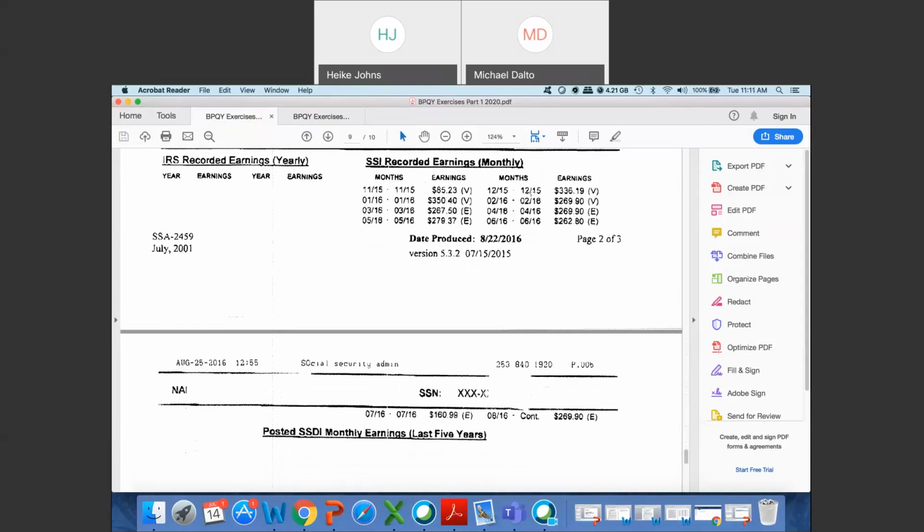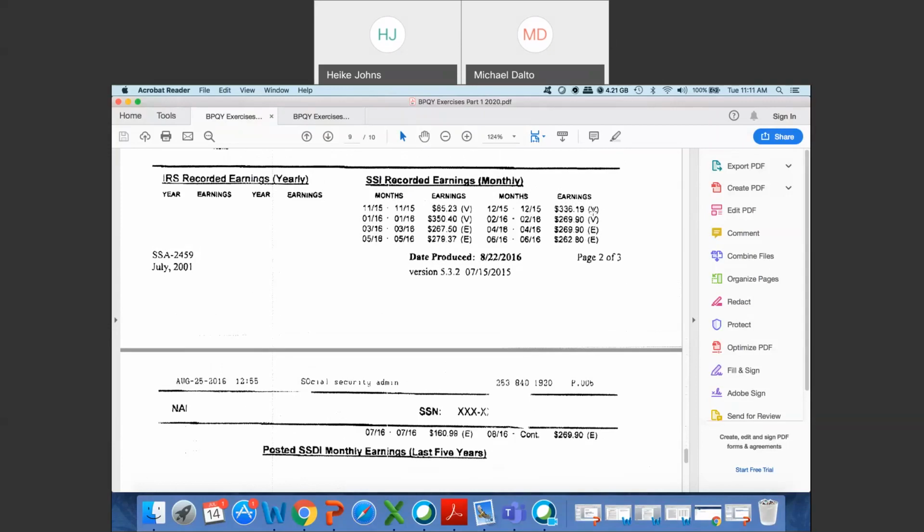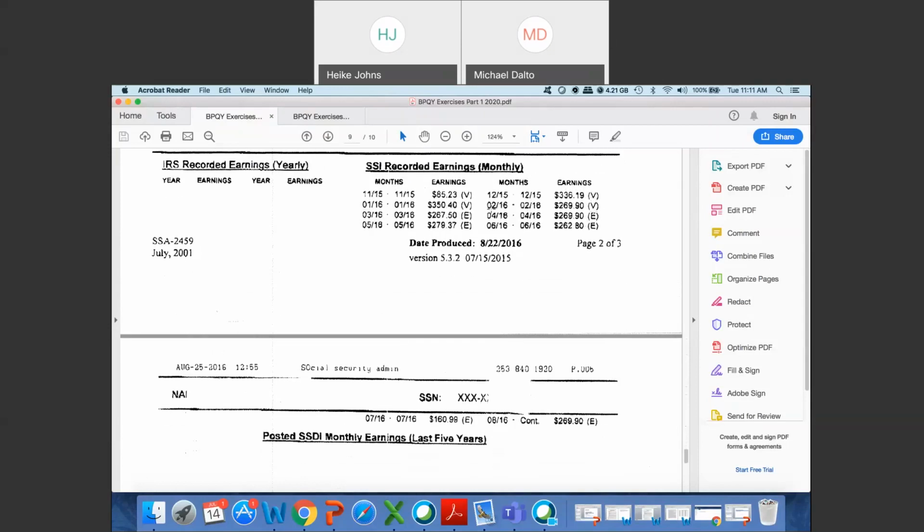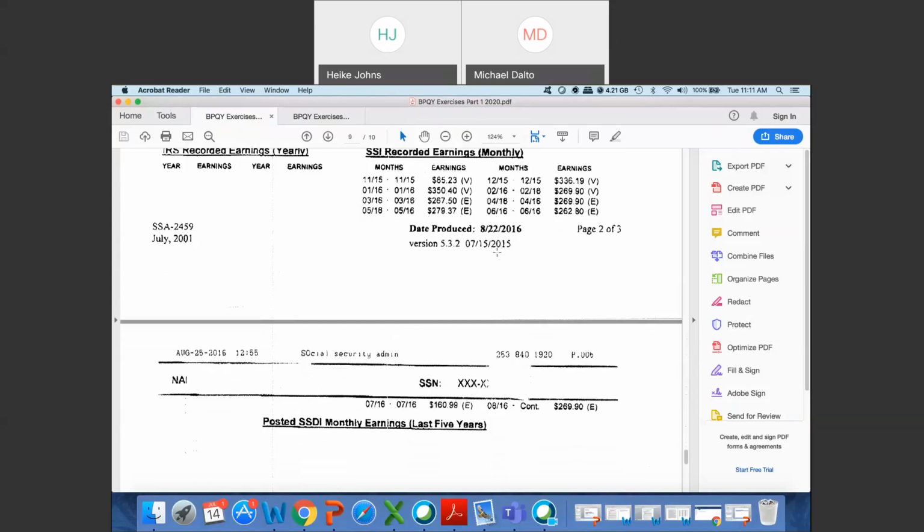The V in parentheses beside the earnings means verified. After that, the earnings listed are marked E for estimated. So this person's pay stubs were probably submitted through February 2016. That's why the earnings were verified. After that, Social Security estimated what they were for the next several months.